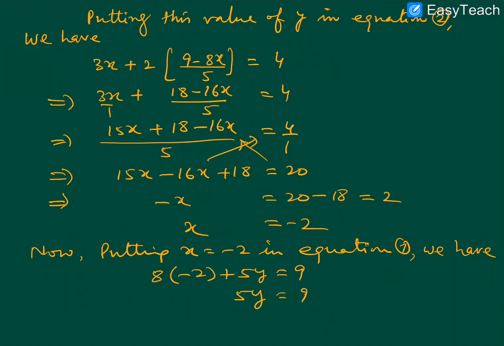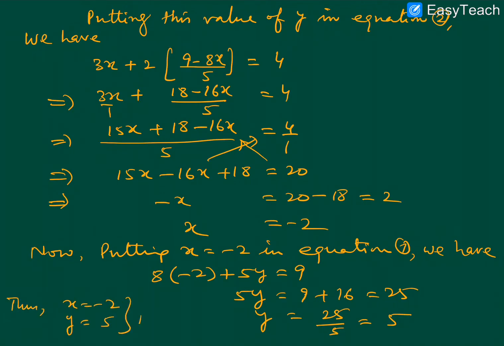So 5y is equal to 9 plus 16, 25. So y is equal to 25 by 5, that is 5. Thus x is equal to minus 2 and y is equal to 5 is the solution.